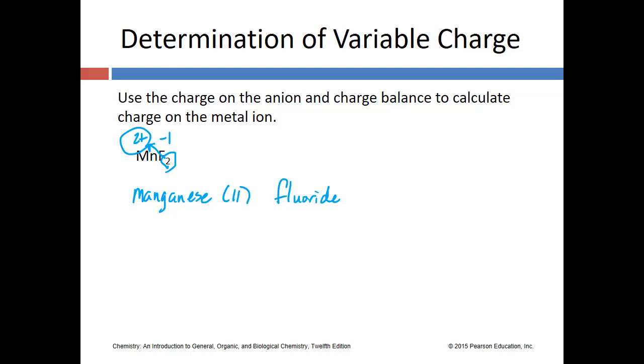How did I figure out that charge? Well, again, that's where we think about reversing that crisscross, turning those subscripts up to figure out charges. We can also go off of the periodic table as well. We know that fluorine's -1 and there are 2 of them. So if I've got -2 on one side, I have to have +2 on the other.